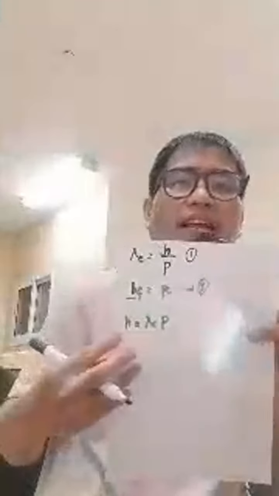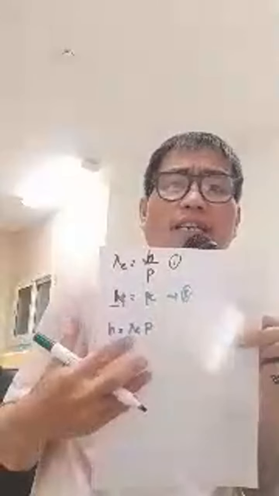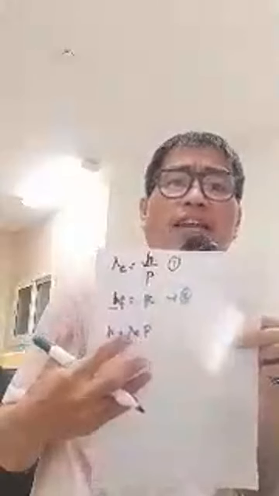So h in equation 1, by algebra, cross multiplication, h is equal to lambda e times the momentum p. The Planck constant is equal to lambda e times p from this equation.